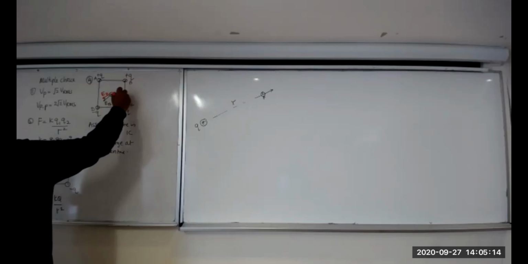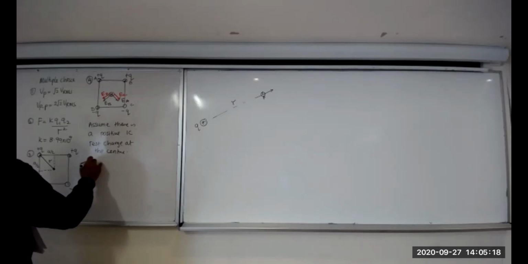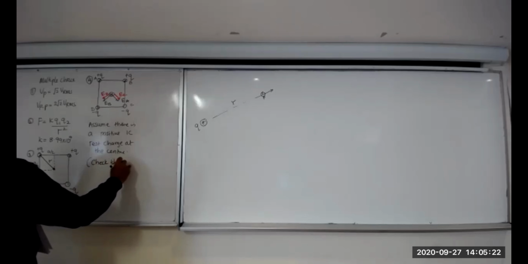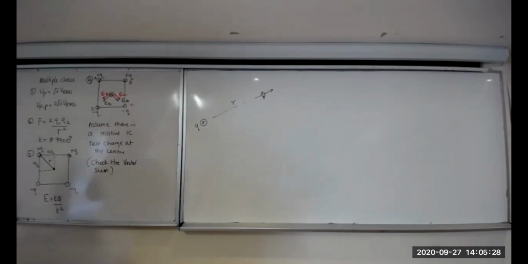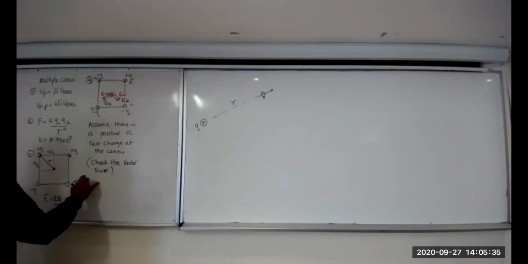So based on that, look at the vector sum. If you take the horizontal ones, you can see all the components are going to cancel out each other. Only the vertical components are going to remain there.